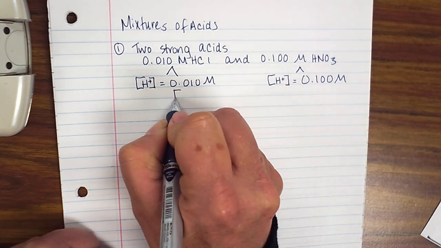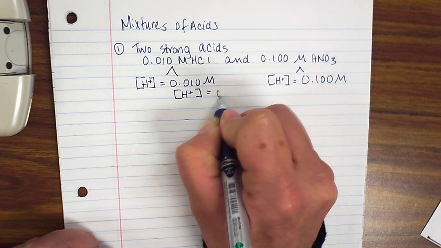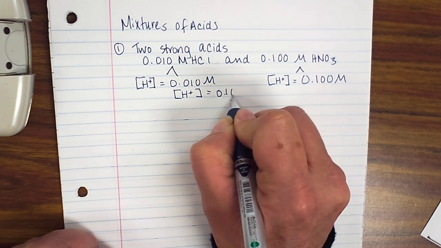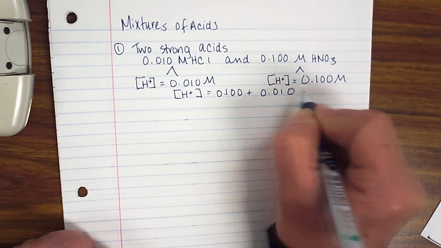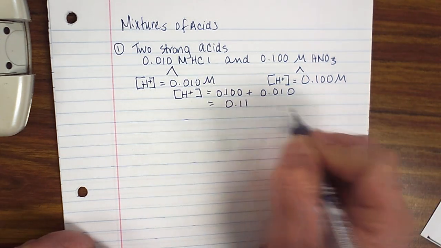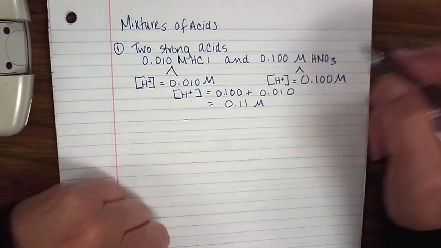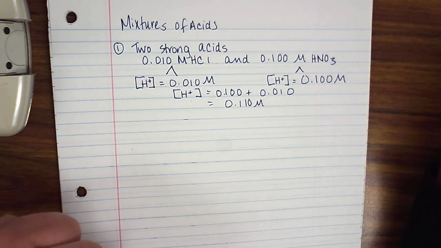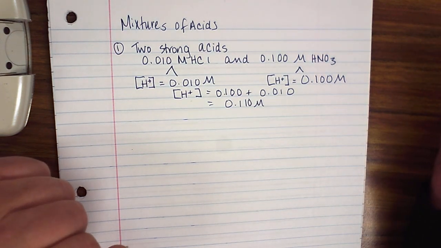So therefore, the concentration of H plus is going to be equal to 0.100 plus 0.010, which is equal to... okay? Now, the reason is because of 100% dissociation.